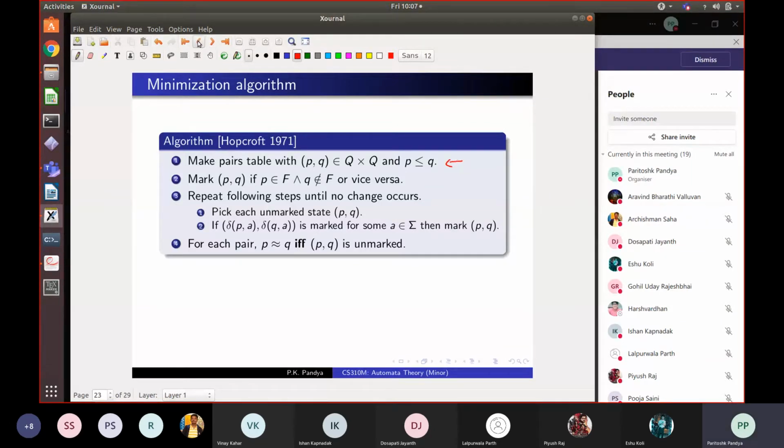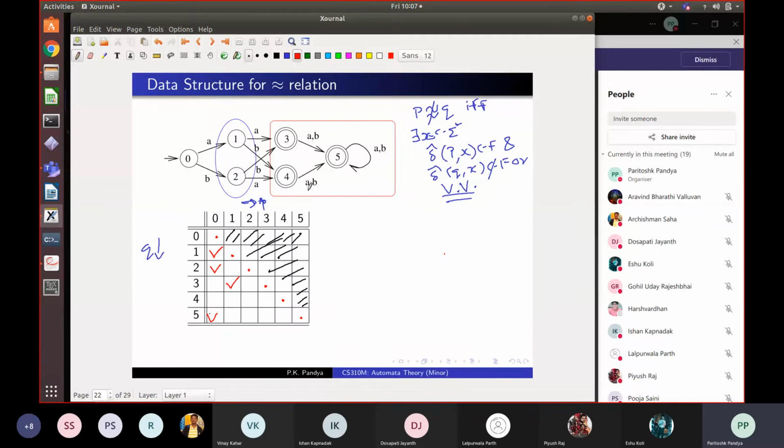Next, what we want to do is mark some obvious states which are not equivalent. That is, we want to add ticks. I will rub these ticks and we will start afresh. We will add ticks between states which are clearly not equivalent.